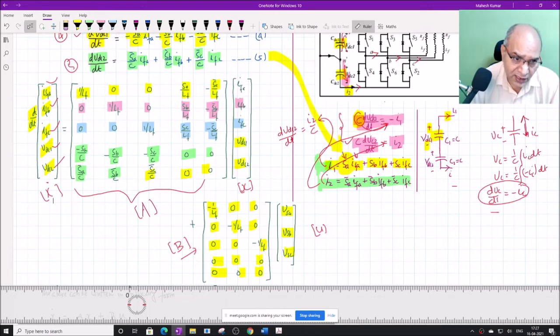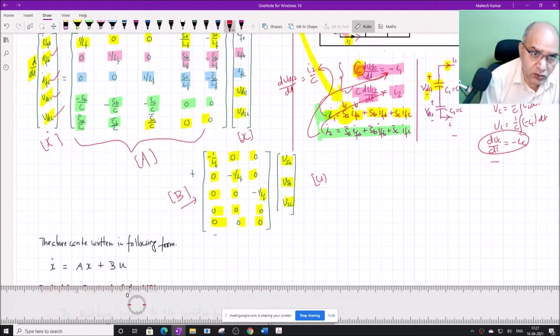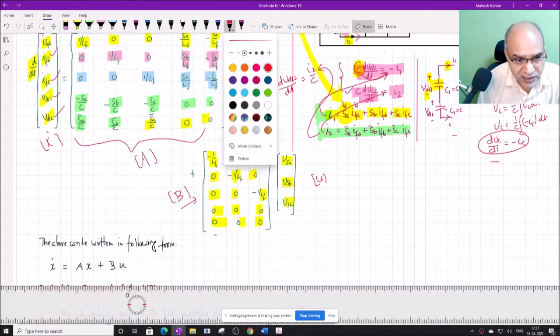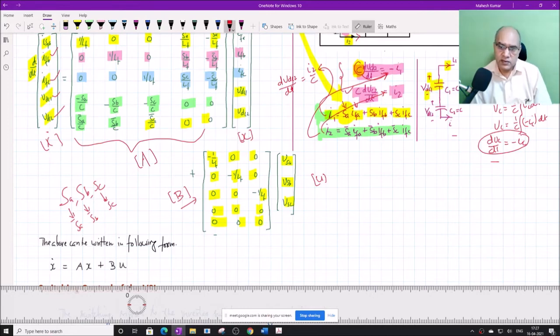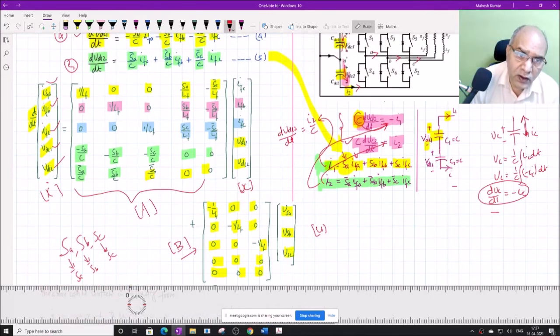So fundamentally we have three variables actually, SA, SB, SC. From that we can also derive SA bar, SB bar and SC bar because they are complementary. So three are enough, the others can be derived. So we have to bring these switching values here based on some logic to find out the update in the state variable or to solve this system.